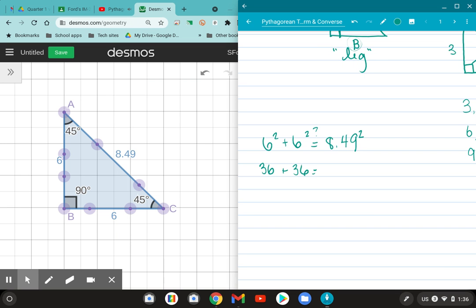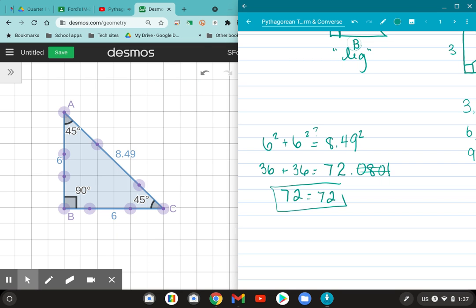And then 8.49 squared is going to be 71.9801. And this would be 72 equals 72, because the other numbers aren't going to be as much of a decimal. Here we have it. So 8.49 could have been 8.5, and we would have got it perfect.